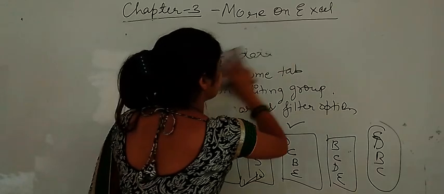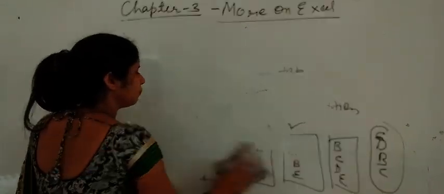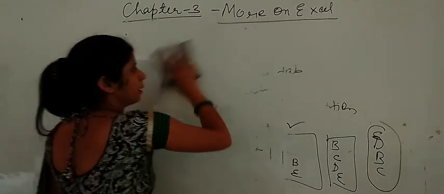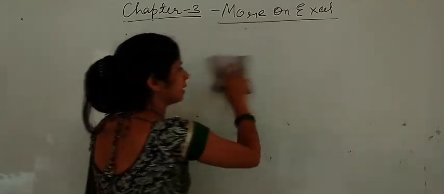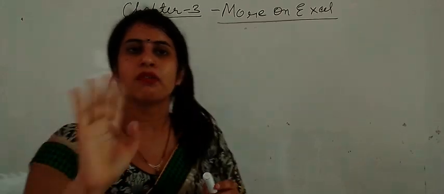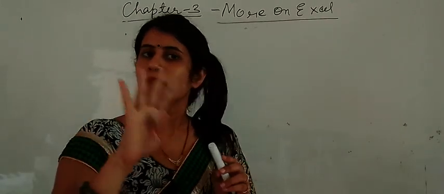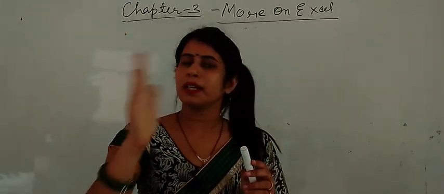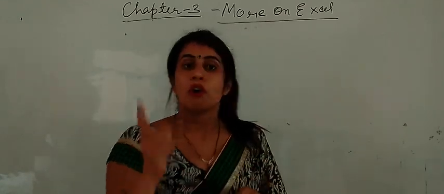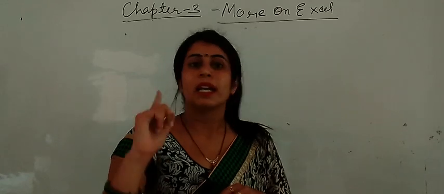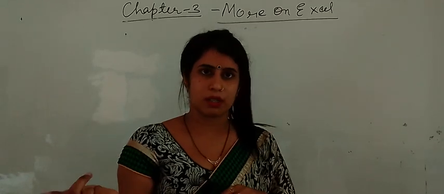What is custom sort? Actually, suppose I have a bulk of data, a large amount of data, in 4 columns, and I want to arrange the first column in ascending order and the second column in descending order.